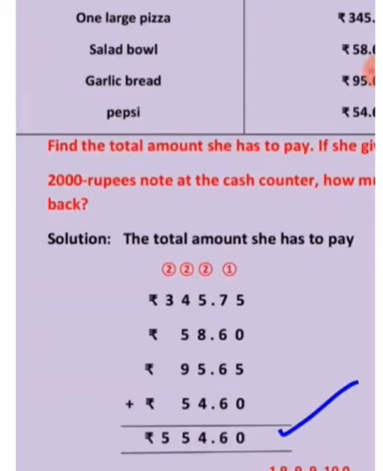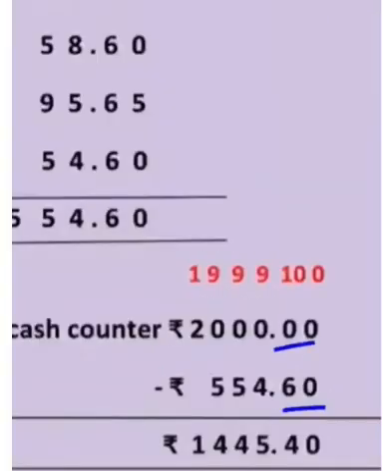If I check only the paise portion, you can see 0 0 on the top and 60 at the bottom. So we have to borrow 1. As we borrow 1, we have to borrow 1 from the rupees portion. So from 2000 rupees, if you take 1 rupee, then 2000 becomes 1999.